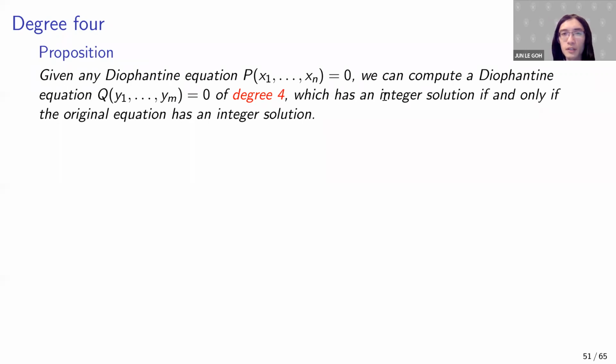Furthermore, Q has an integer solution if and only if P has an integer solution. So what is this proposition doing here? Essentially, it's reducing Hilbert's 10th problem to Hilbert's 10th problem for Diophantine equations of degree 4 or less.